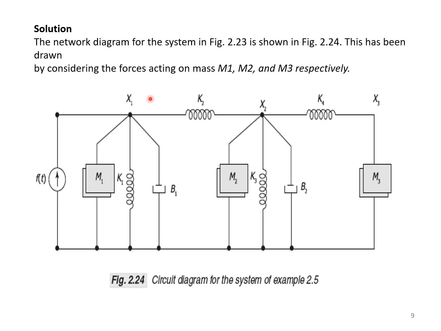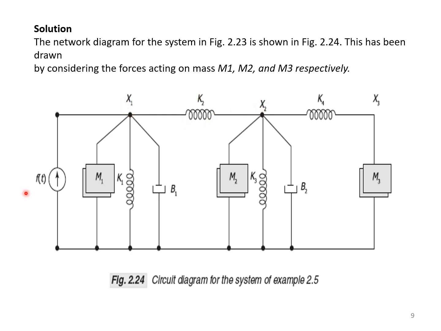Now here we have three displacements, which means it is represented with three nodes x1, x2 and x3. Force F of t is applied to mass m1, so that is connected here to node x1. We have mass m1, k1 and b1 connected to displacement x1, and k2 is appearing between x1 and x2, which is connected here.